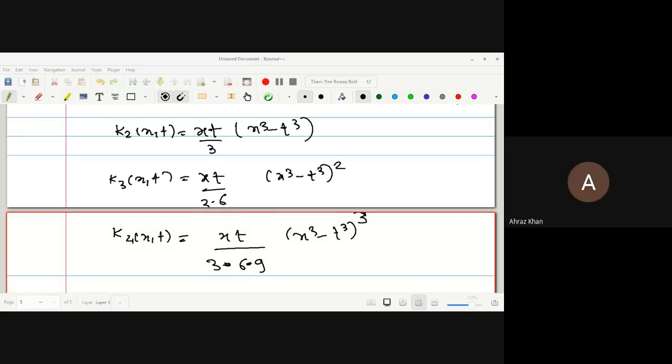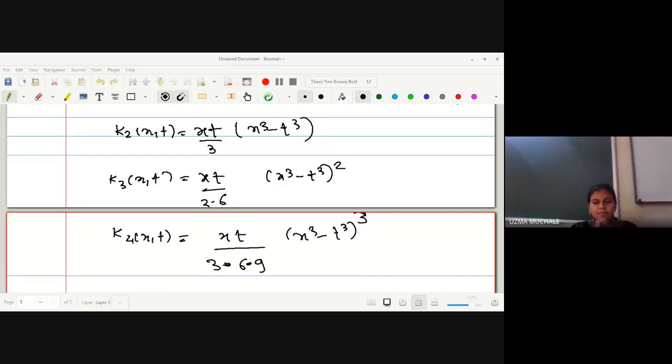Ma'am, K3 is right. Okay. Similarly, find K4 and tell me whether you get any compact form or general form of Km of xt.